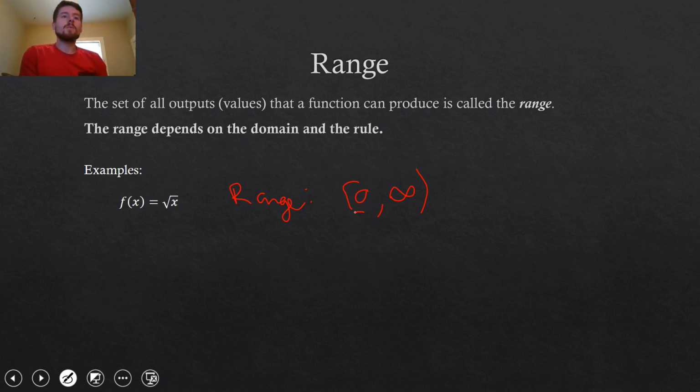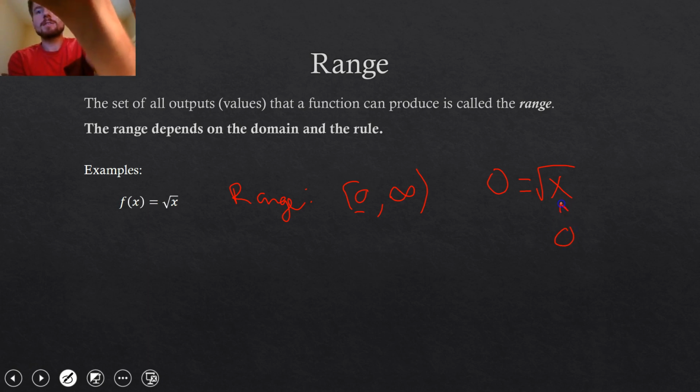And if you think about why this is the case, we know you can get the number 0, right? If I plug 0 in here and take the square root, I get 0 as an answer.